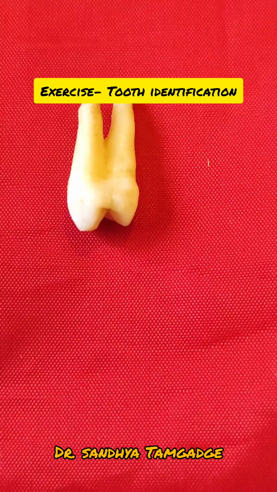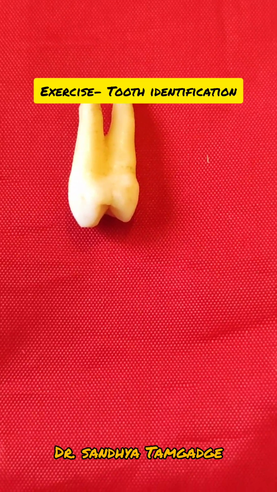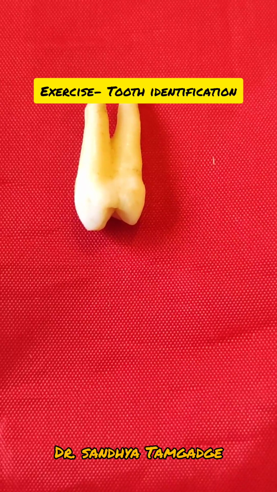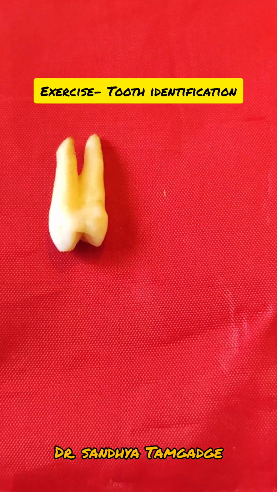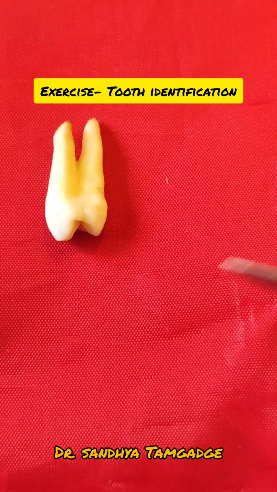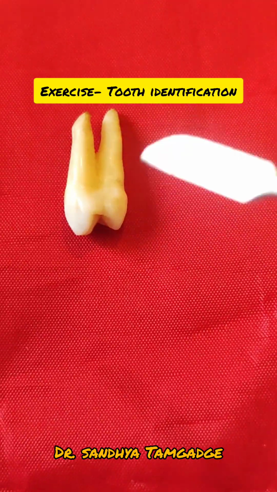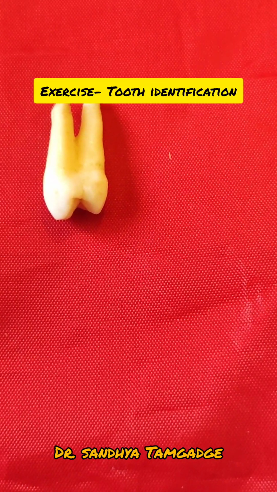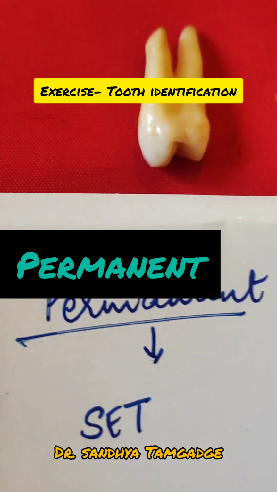Therefore, the description is categorized under various headings which are called traits. Now, suppose we identify this as a permanent maxillary first premolar, then for every word we need to justify. Why is it permanent?